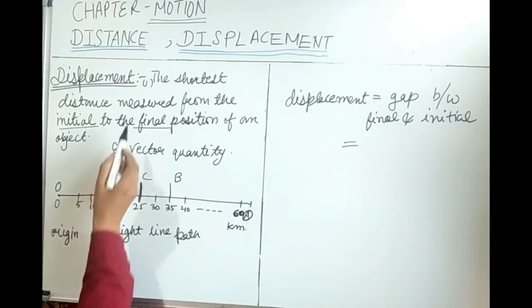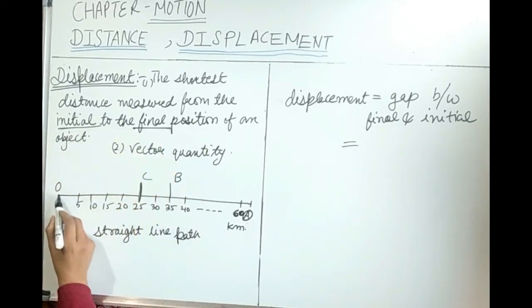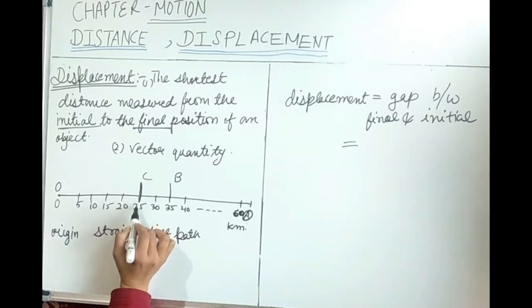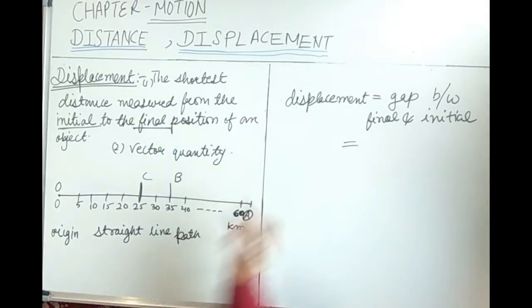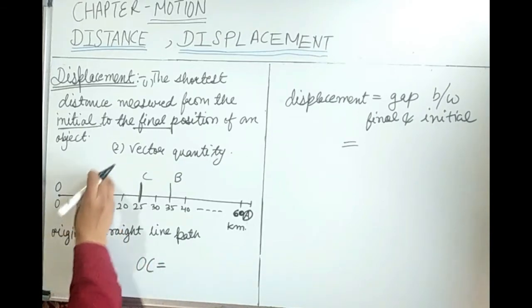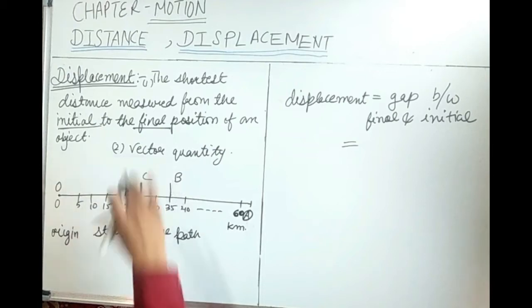So the distance between initial and final is what? O, 0, and C, the final position, it is 25.